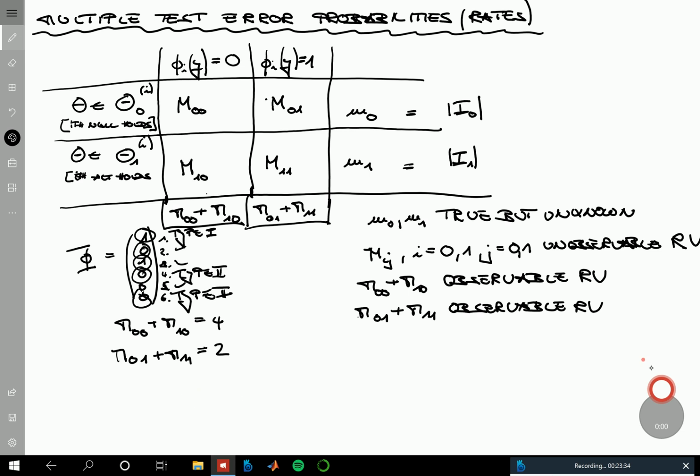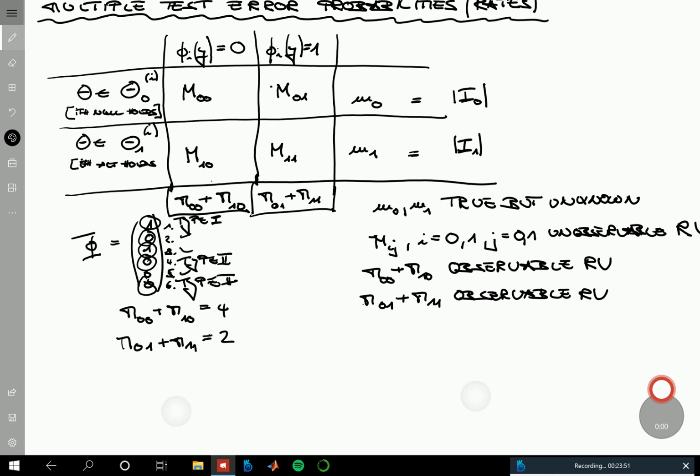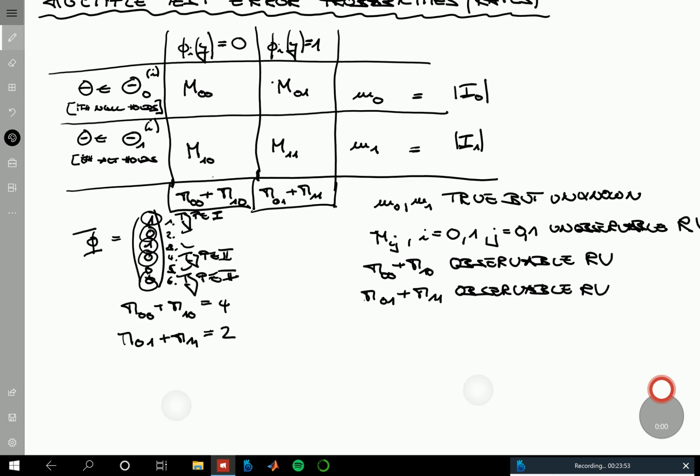So that's the scenario in terms of what can happen. Based on this, one can now define different test error probabilities. Questions about this at this point? No?